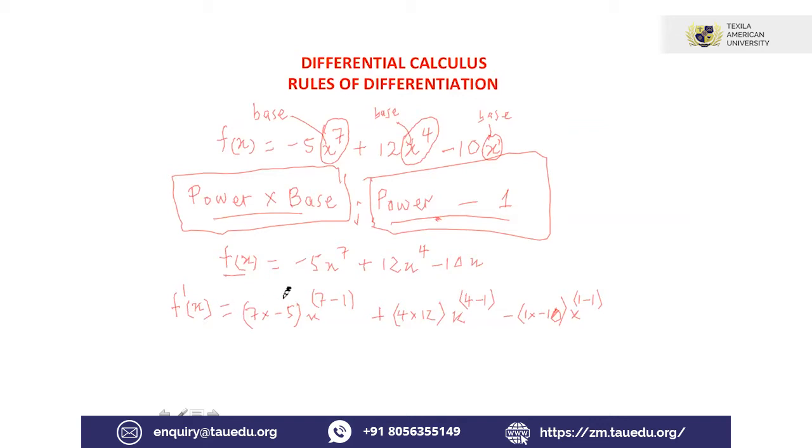Let's do our calculation. So we have f prime of x equal to negative 5 times 7, which is negative 35. Then we have x. 7 minus 1 will give us 6. Then 4 times 12 will be 48, right?